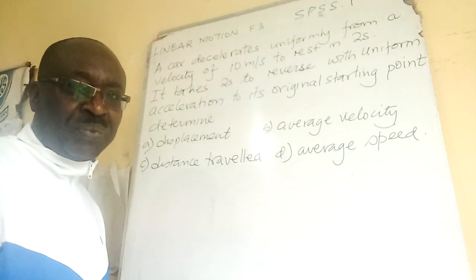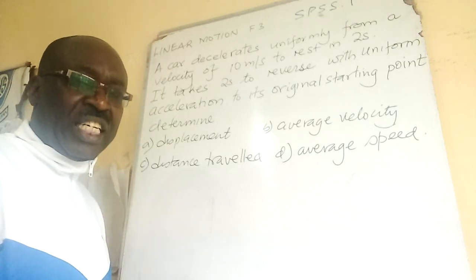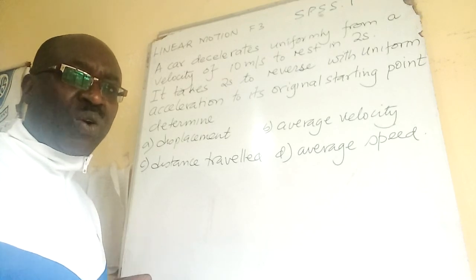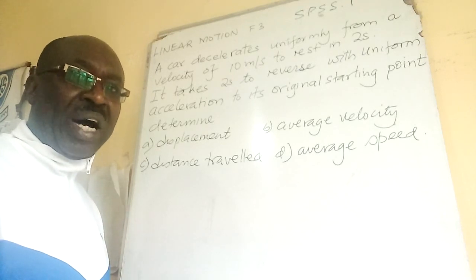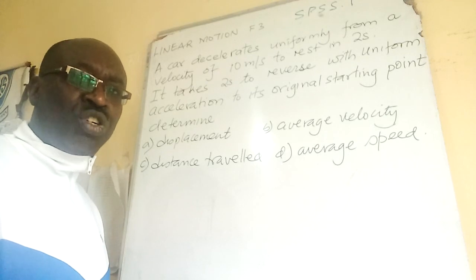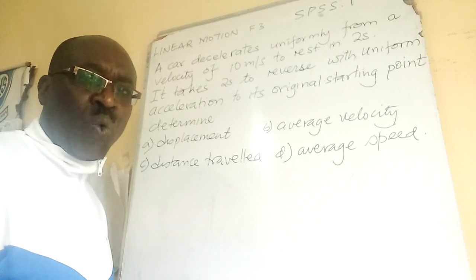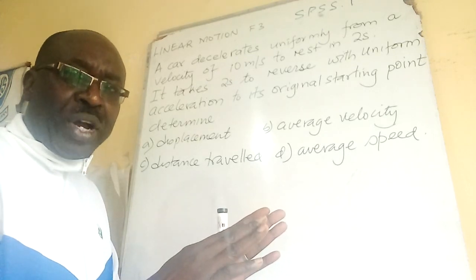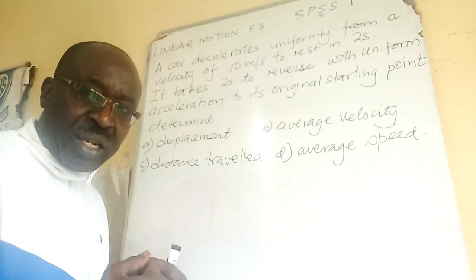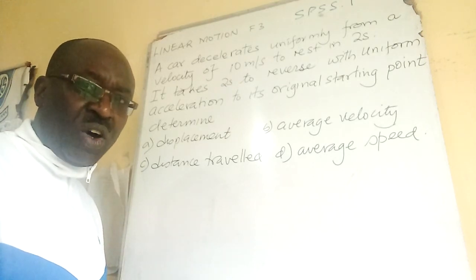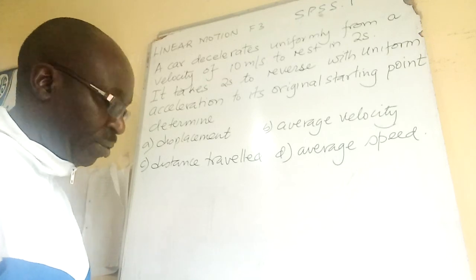Get me right? Velocity is a vector quantity, so it must have a sign to show us away from a point and back to a point. And there are only 2 signs, positive and negative.